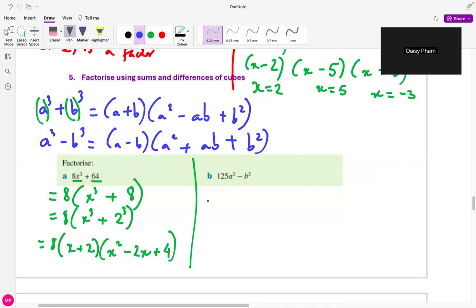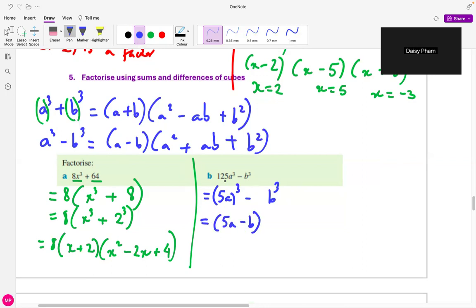Similar for B, but for B, this is a takeaway and there's no common factor. So you can turn each of them to cube straight away. 125 is 5 cubed. So 5a and then write that cube minus b cube. Okay. Then we use the second formula here. a minus b, so 5a minus b.